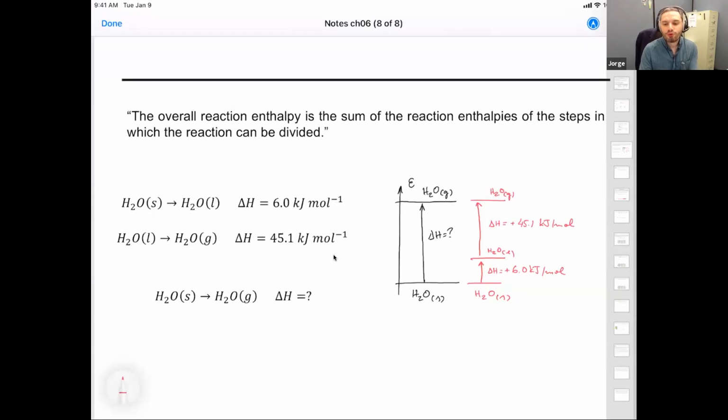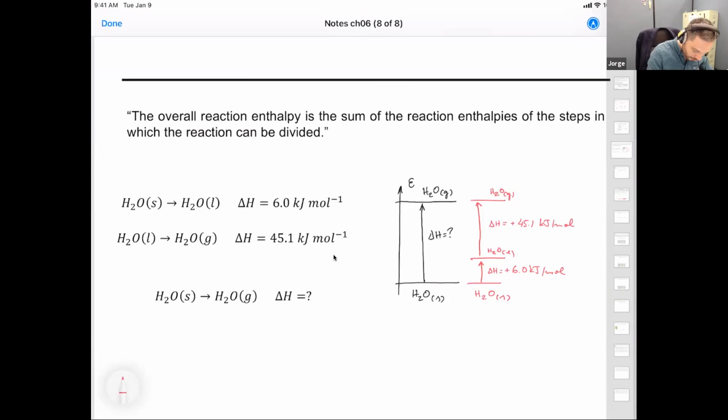All right, drawing the energy diagrams, can you see that the delta H of our reaction problem, water solid going all the way to water gas, is exactly the sum of the small first step and the second step, okay?